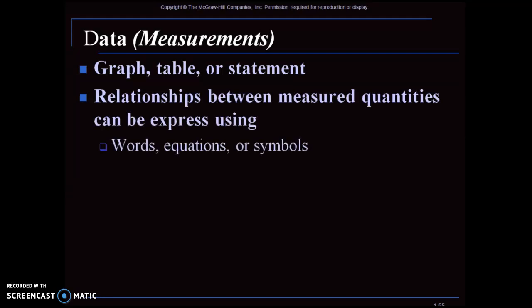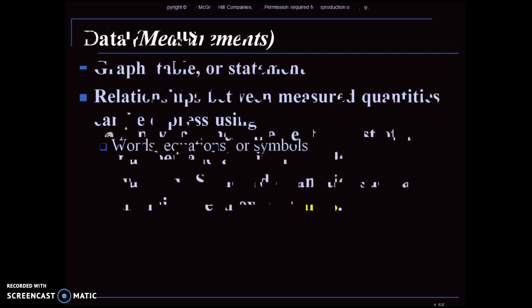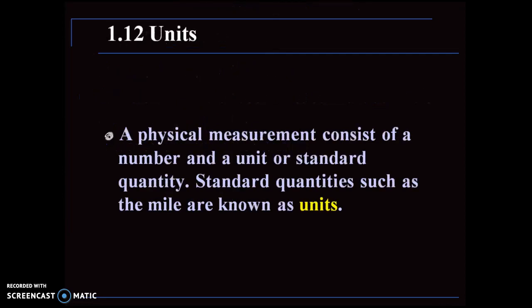Graphs, tables, or statements are some of the ways to present measured data. Relationships between the measured quantities can be expressed using words, equations, or symbols. A physical measurement consists of a number and a unit, or a standard quantity.